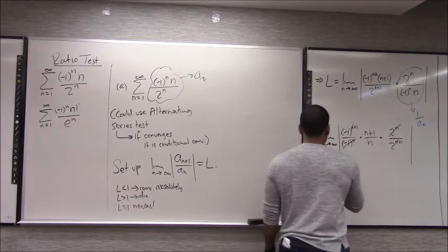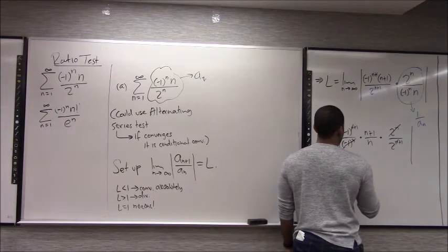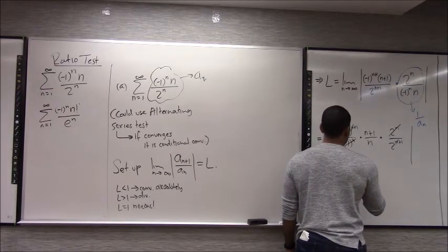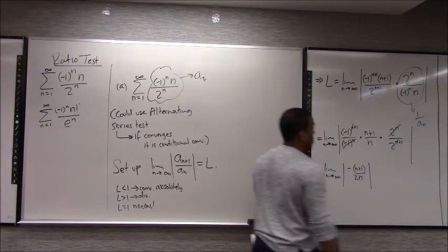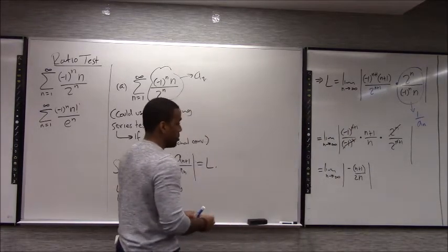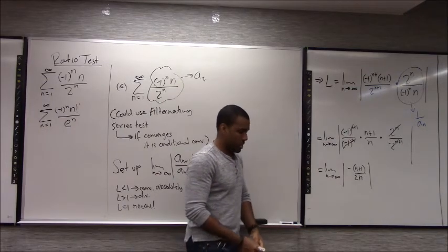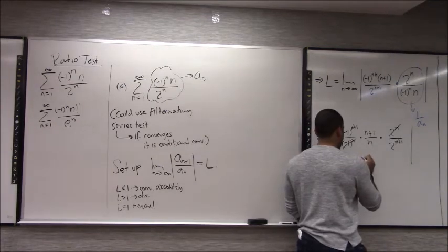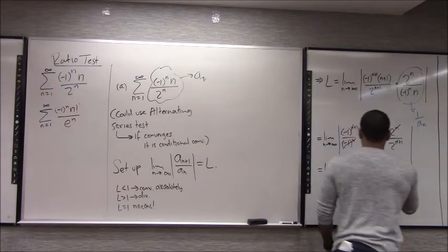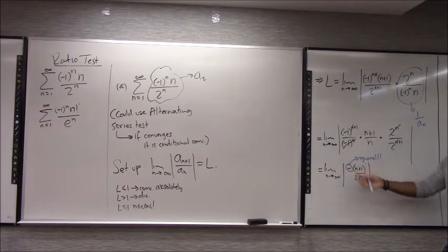So pretty much now you have the limit as n approaches infinity of minus 1, times n plus 1 over n, over 2. Now, at this point, the absolute value of the negative is just going to kill the negative anyway, so you can actually ignore that. But pretty much something like this is always going to happen.